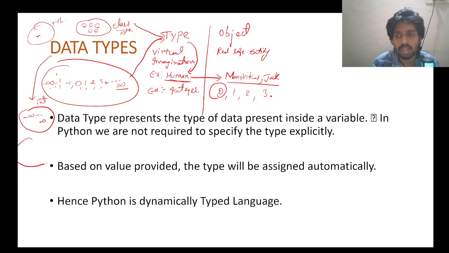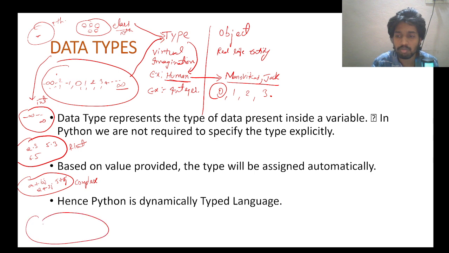If I group floating point data like 2.3, 5.3, 6.5, anything which has a decimal point, then it's called the floating point data type. If I group complex numbers in the form a plus bj, like 3 plus 3j, 5 plus 8j, then it's called the complex data type.